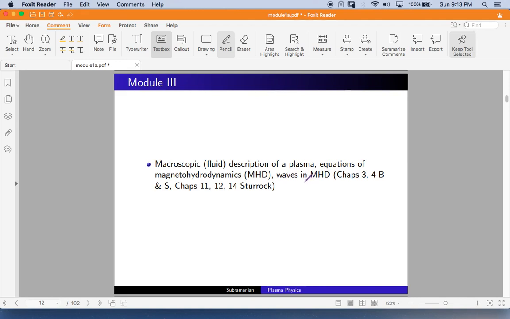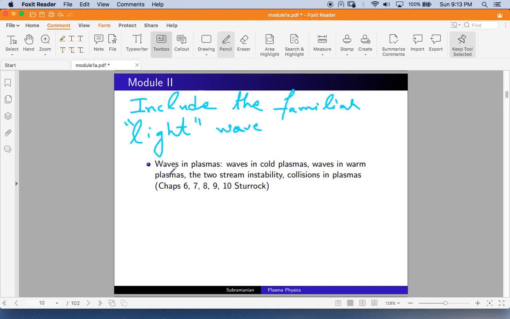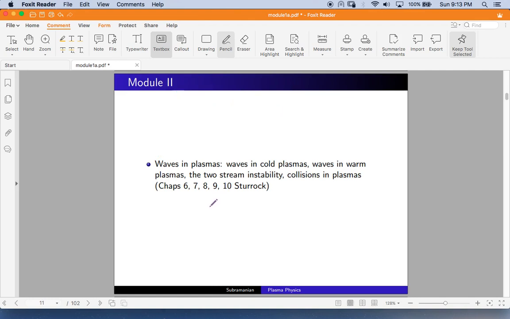You can talk about waves in the distribution function description, or what's often called the kinetic description. And when you coarse grain the situation so that you're studying magnetohydrodynamics, a whole different zoo of waves appears. So we will study waves in magnetohydrodynamics, and these are the references.